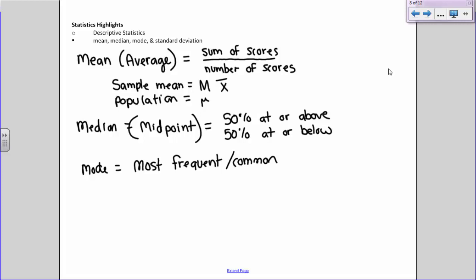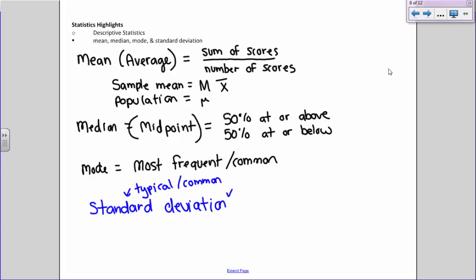Okay, so now let's move on to variability, or the main measure of variability that we care about in statistics is the standard deviation. All right. So standard you can think is another word for typical or like common. Deviation is like a word for differences.